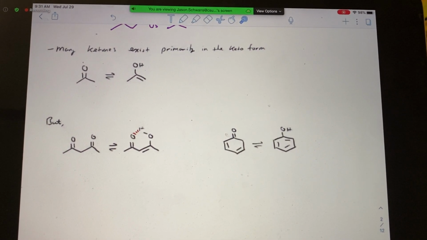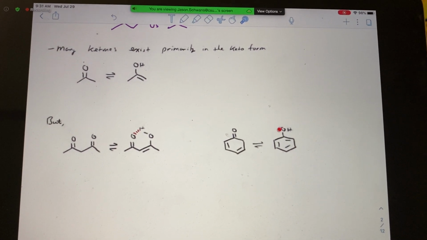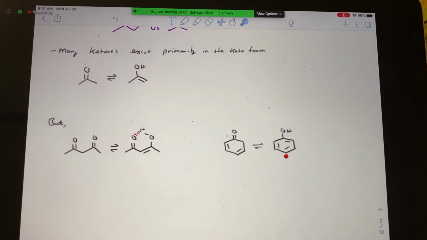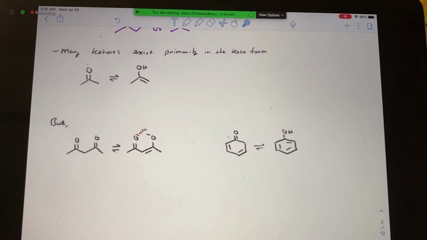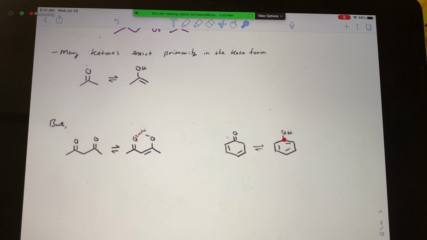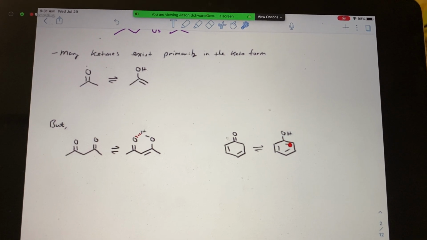And then on the right, notice this is phenol that we've drawn. We could actually draw a tautomer that would look like this, and so this is actually the enol form of it here. So we have an OH and then a double bond next to it.